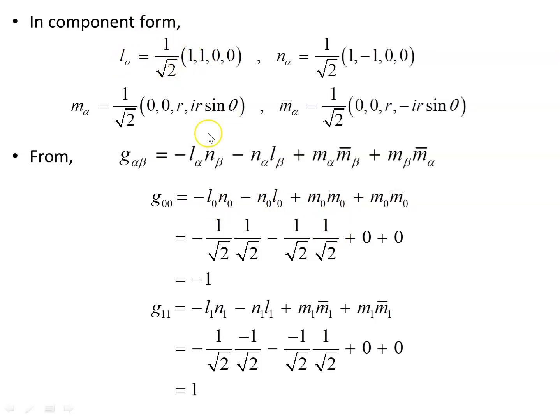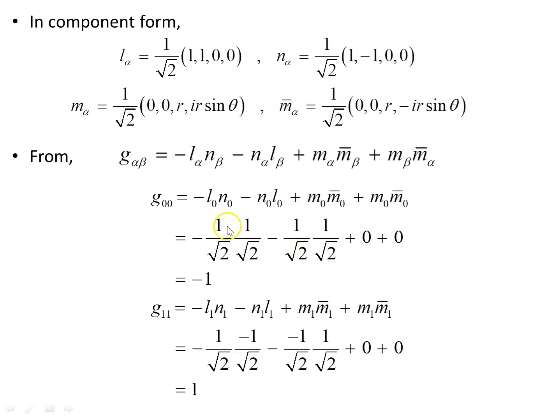So L0 is 1 on root 2, N0 is 1 on root 2, minus in front, next minus here, N0 is 1 on root 2, and L0 is 1 on root 2, and M0 is 0, M bar 0 is 0, so they disappear.